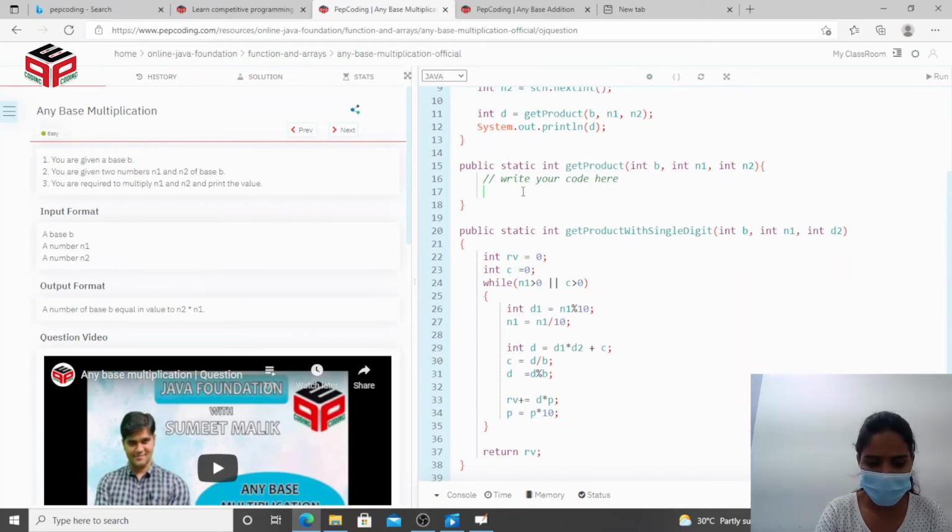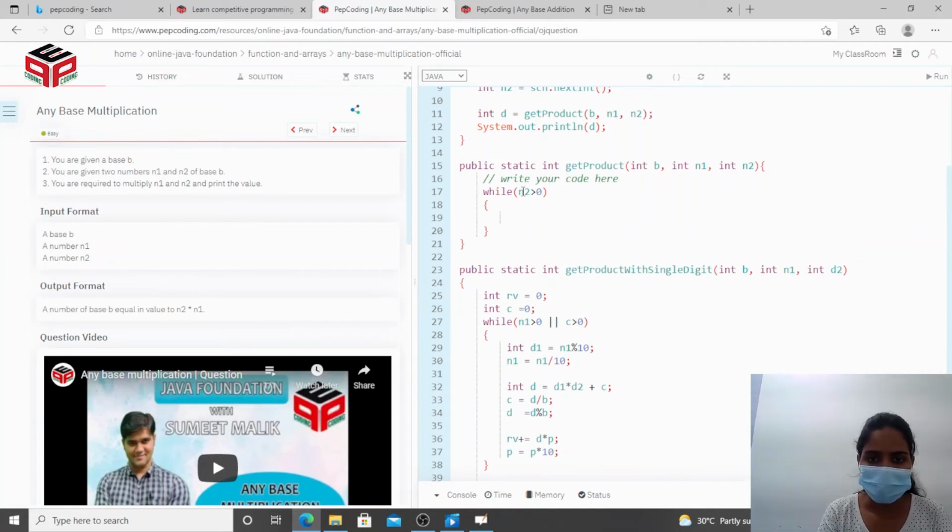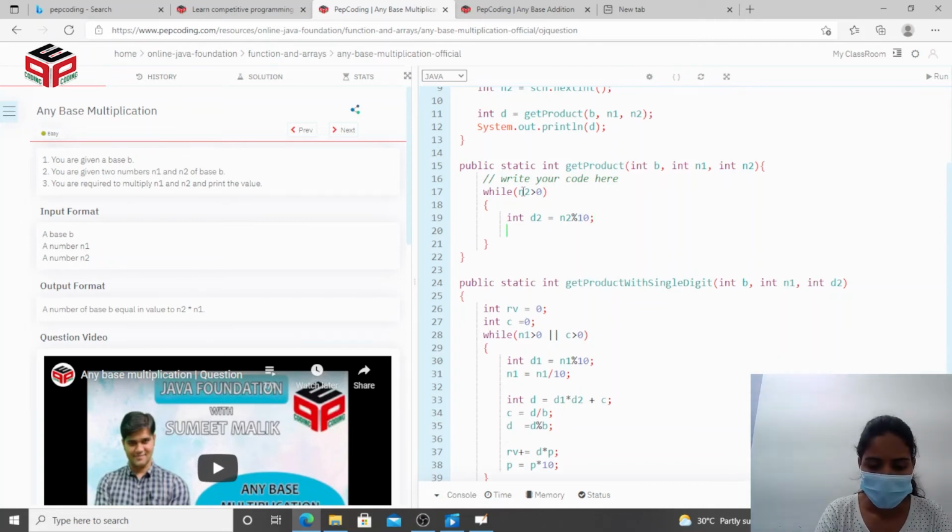So in this, I have to work till n2 is greater than 0. We are tackling with n2. While n2 is greater than 0, I have to do some work. What is the work? Extract the last digit from n2, that is int d2 equals to n2 modulo 10. Reduce n2: n2 equals to n2 by 10.